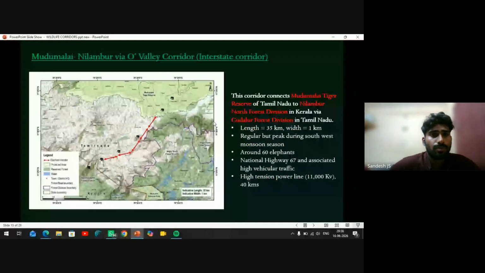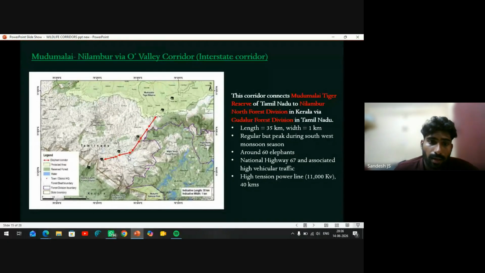To know more detail, I have taken one example: the Mudumalai Nilambur Valley corridor, an interstate corridor between Kerala and Tamil Nadu. This corridor connects Mudumalai Tiger Reserve in Tamil Nadu to the Nilambur Forest Division in Kerala via the Gudalur Forest Division in Tamil Nadu.